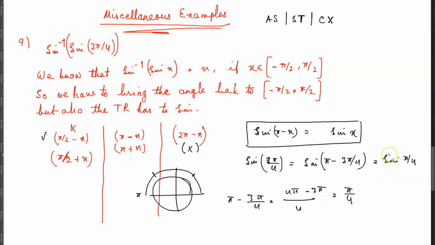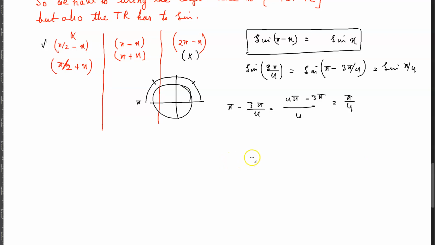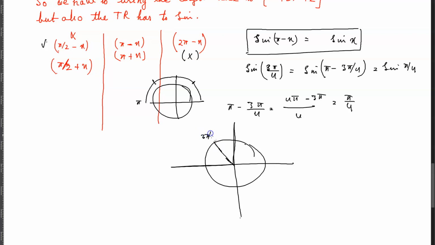And I really didn't have to go through all of these steps in order to understand this, because suppose that you have the angle 3 pi by 4, which is this angle over here. Now the sine of this angle is basically this distance on the vertical axis.